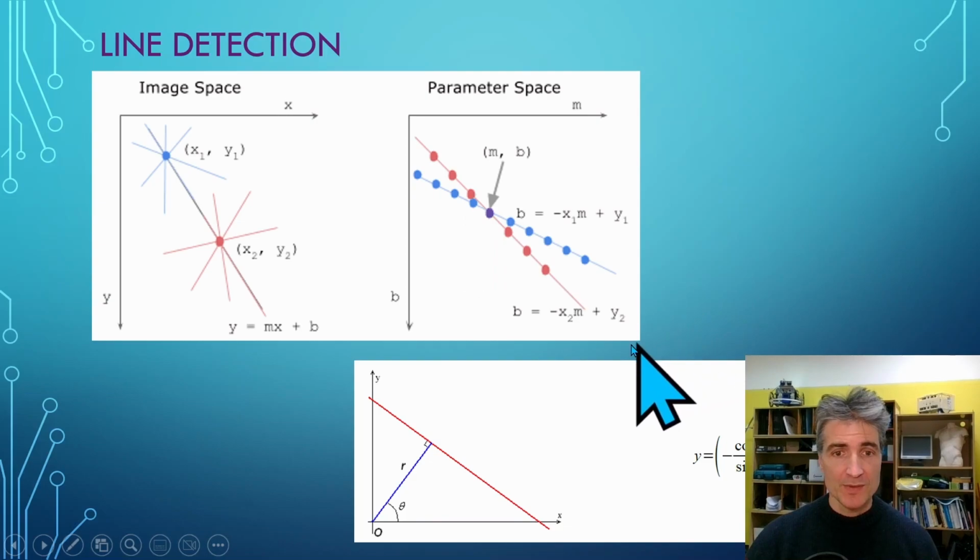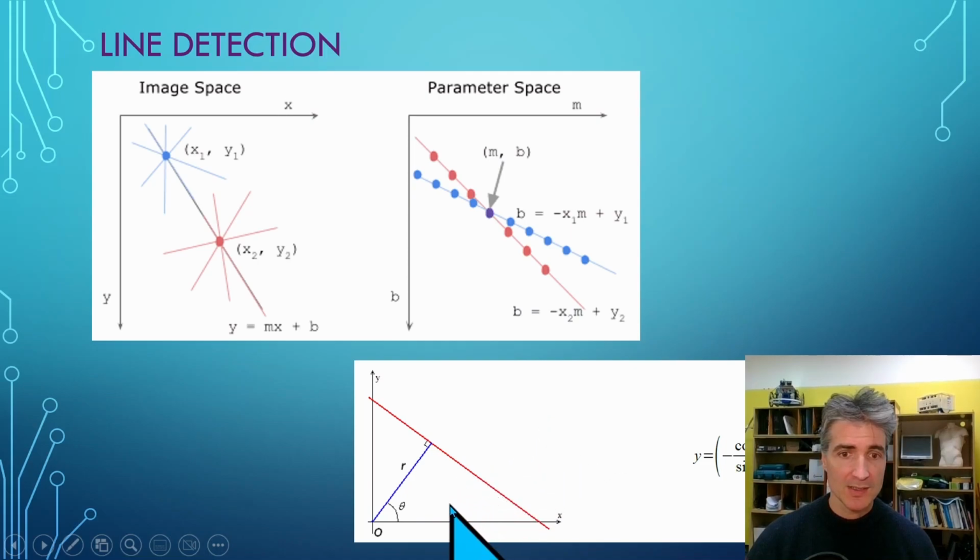For the purposes of searching for lines, we use a polar representation of a line, which is more suitable, because with the previous representation we would have problems representing lines that are perpendicular to the x-axis, that are parallel to the y. So here the line is described by two parameters, rho and theta.